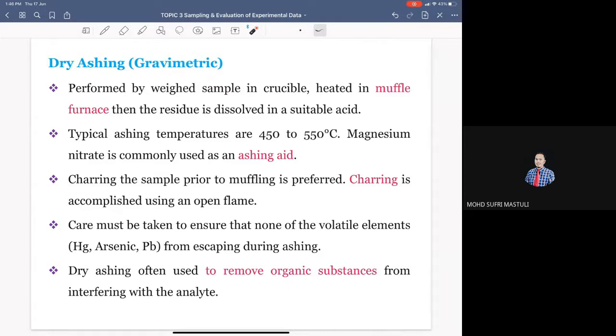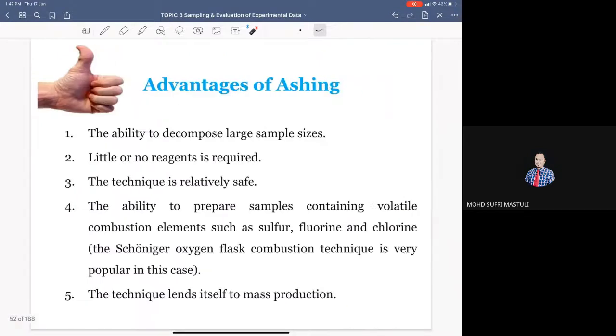Also, before we put it in the muffle furnace, we have to char the sample. Charring can be done using an open flame. Care must be taken to ensure that none of the volatile elements escape during the etching. Dry etching is normally used to remove organic substance from interfering with the analytes.